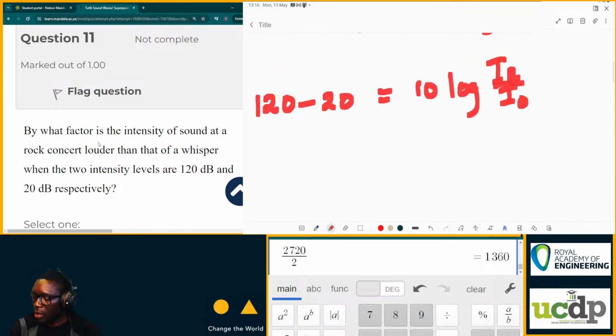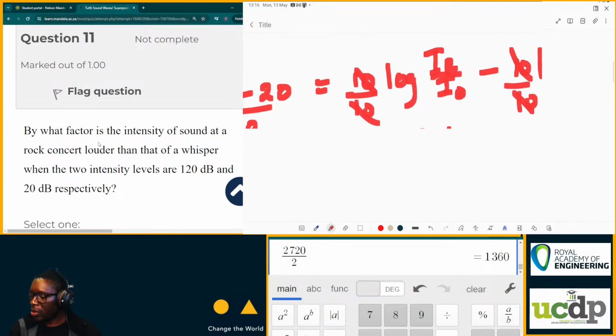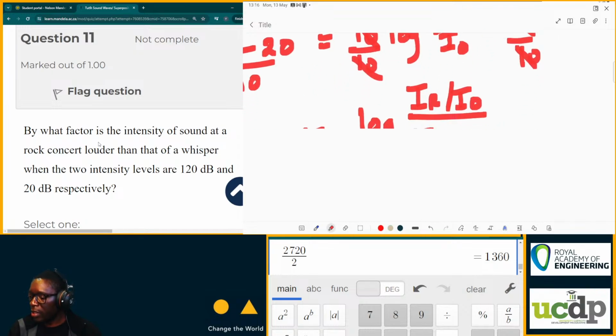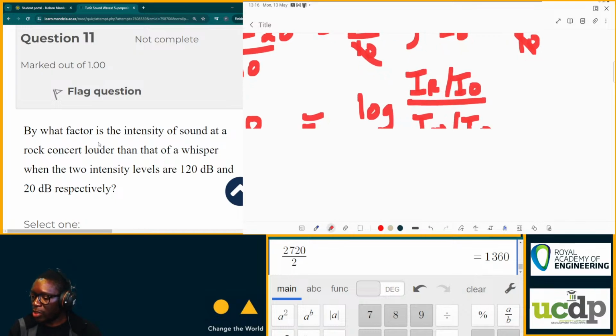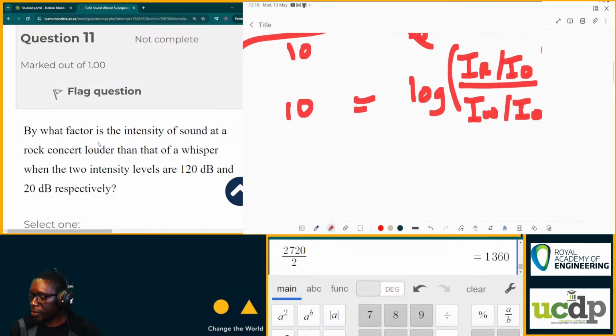So we get 100 there, we divide by 10, remove that part. What we have is 100 over 10, so we remain with 10 equals the log of IR. Remember what we want is a ratio, IR over I naught, and because the logs are subtracting, we can divide this by IW over I naught. We now have that ratio that we wanted, which is IR over IW.